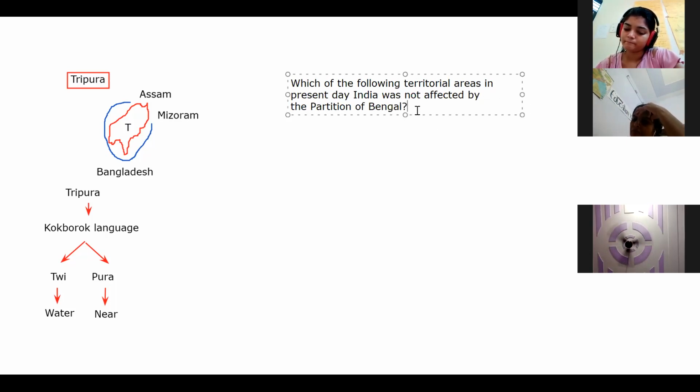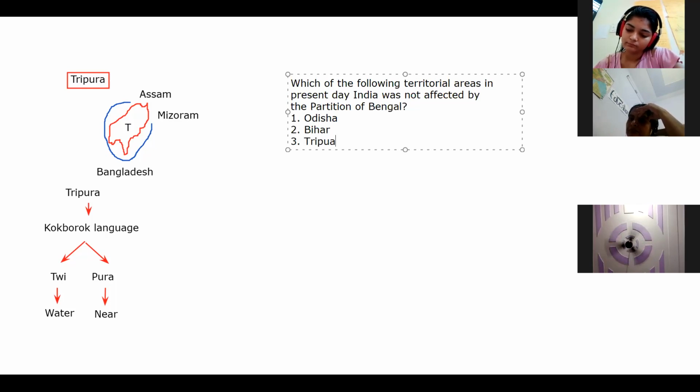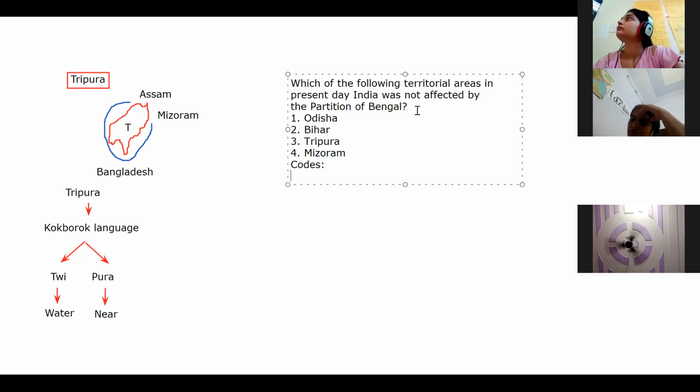Let's suppose number 1 is Odisha, number 2 is Bihar, number 3 is Tripura, and number 4 is Mizoram. So these are the 4 territorial areas which I have mentioned here.